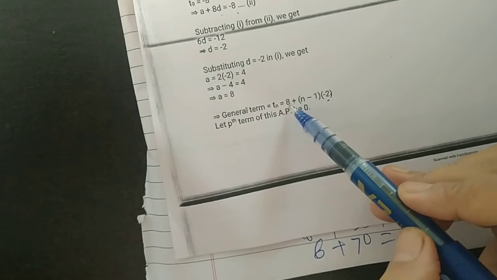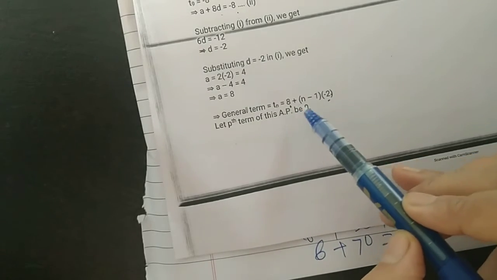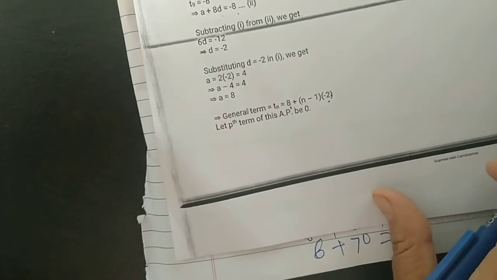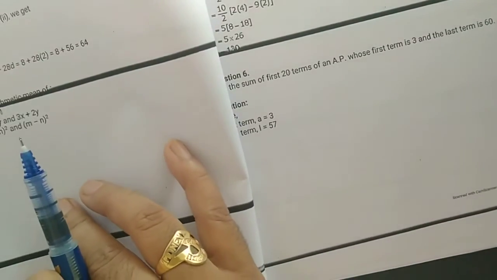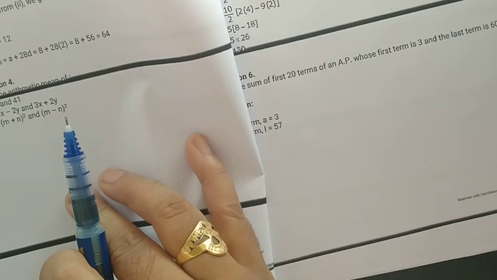Minus 2 is the D, put the D value here, and A you will get as 8. Then after solving, we will get the term 5. So thus the fifth term of the AP is 0.